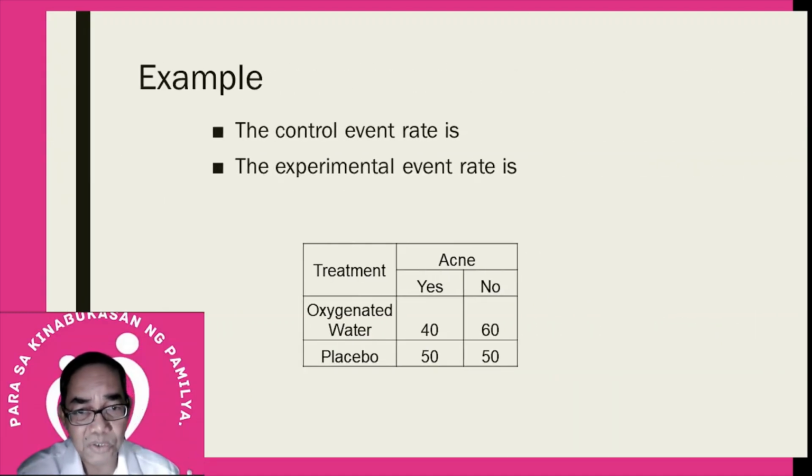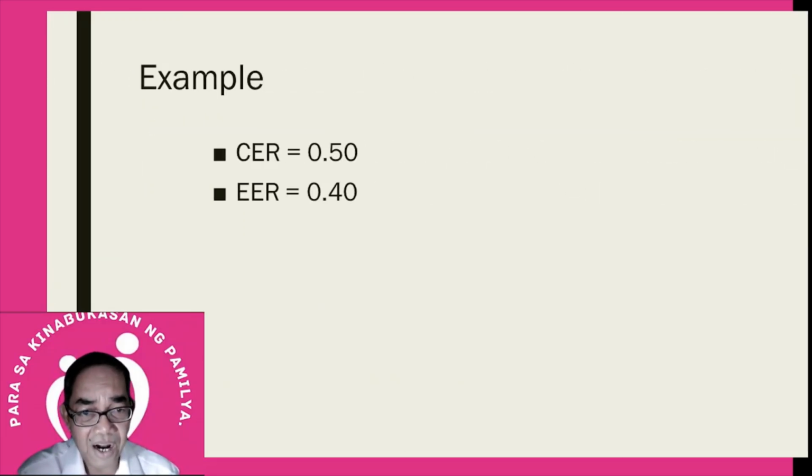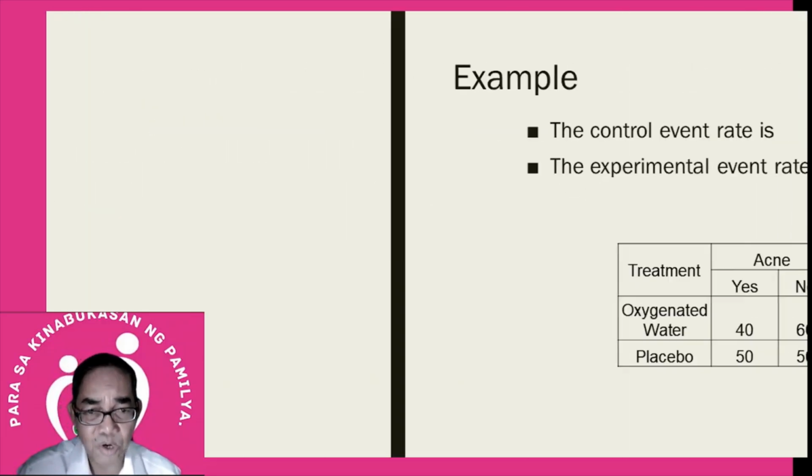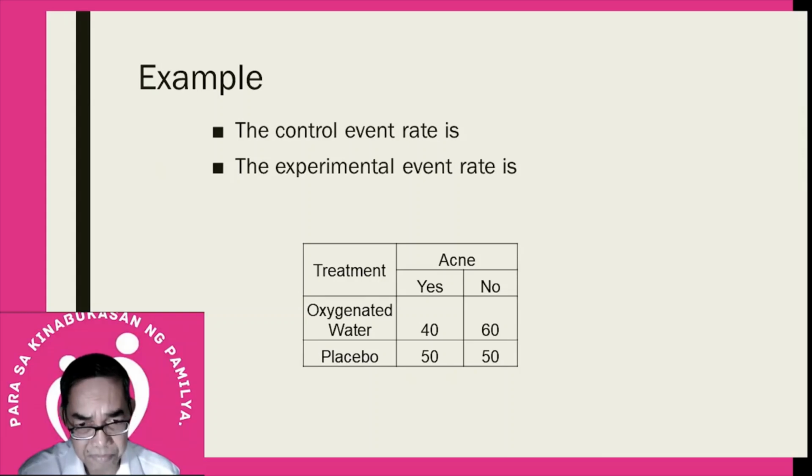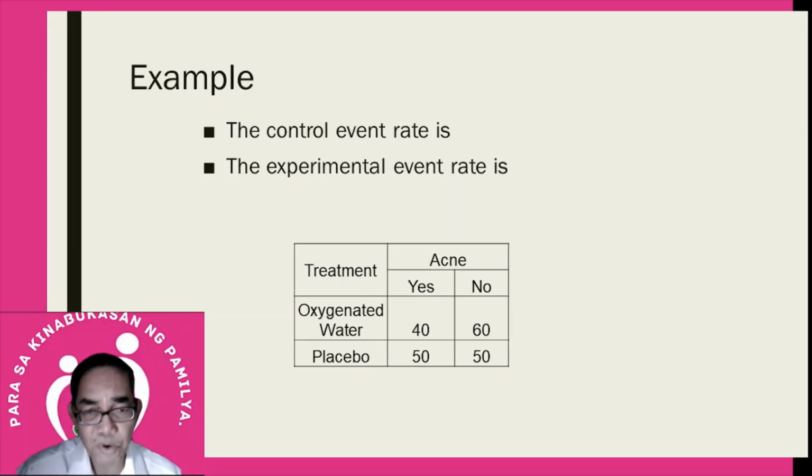Okay, the control event rate is 50 divided by 100, that's 0.5. And the experimental event rate is 40 divided by 100, and that's 0.4.